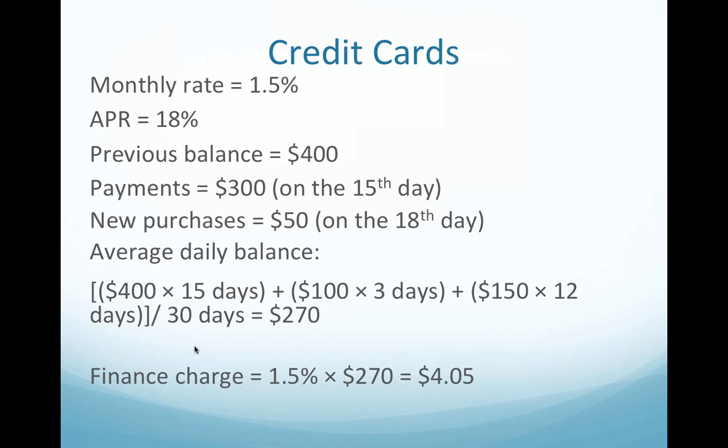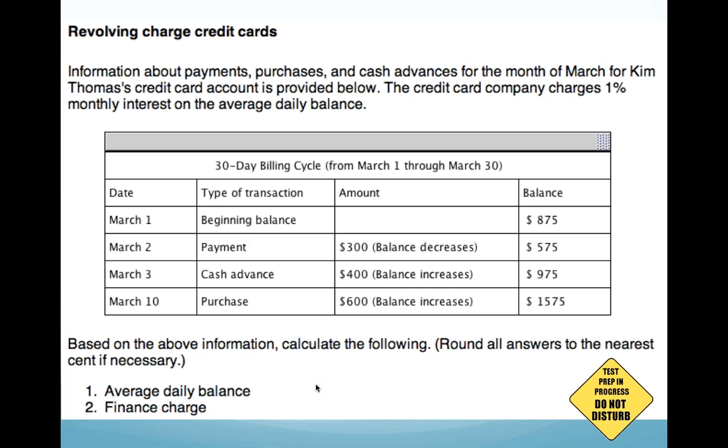There's a total of 30 days in the month. So the finance charge is based upon the average balance of $270 multiplied by the monthly rate of 1.5%, and that will give us a $4.05 finance charge.